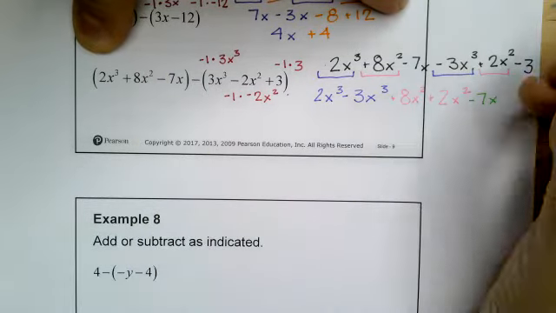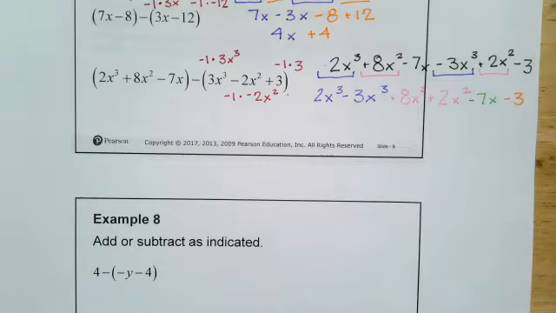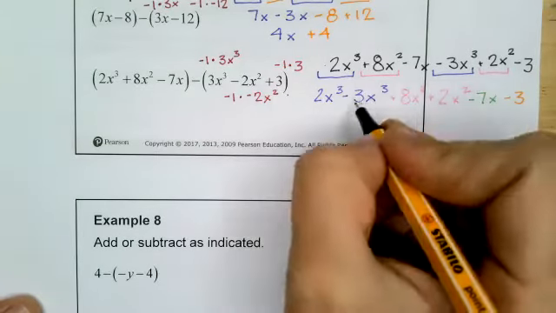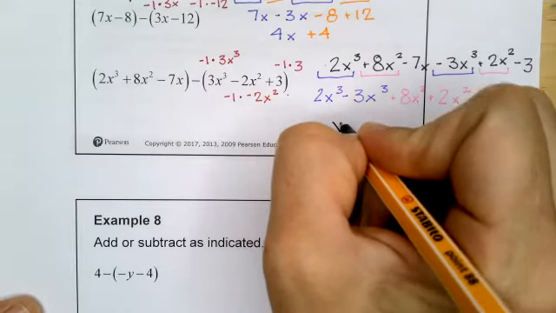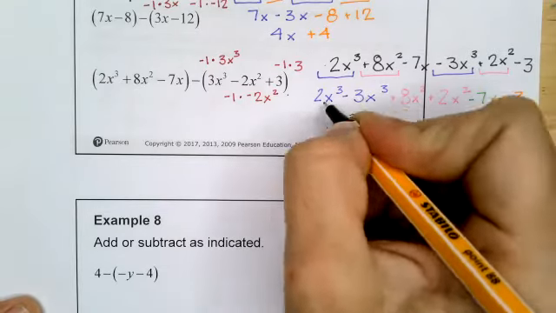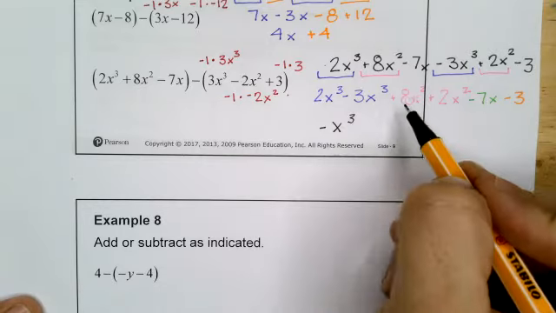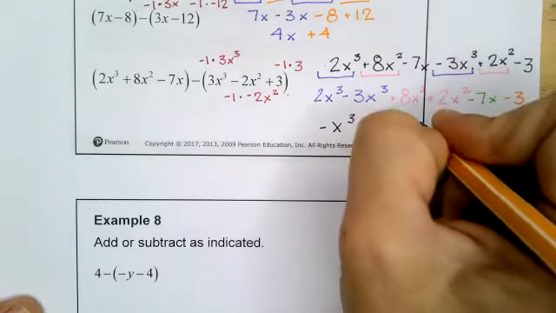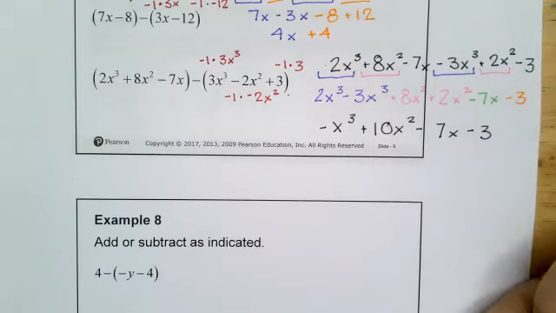And then we end with a negative 3. 2x cubed minus 3x cubed: 3 minus 2 is a 1, right? But the 3 is bigger than the 2, so it's a negative 1x cubed. 8 and 2 is 10. Minus 7x minus 3.